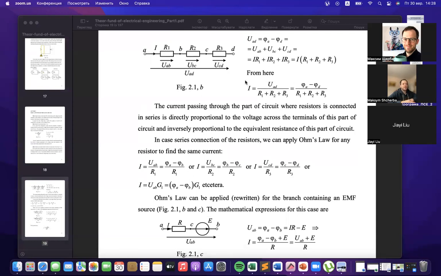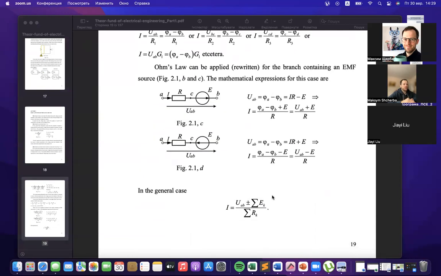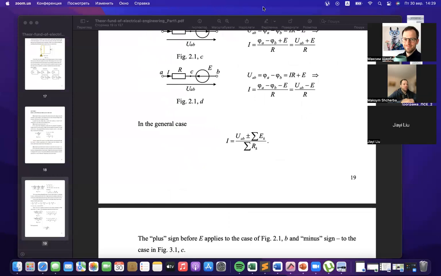It's just the same formula transformed depending on how many elements or what type of elements we have. We could write this Ohm law for a couple of resistors. We could write it for a resistor and source, just add the source with the appropriate sign depending on the direction. It's not so important because all this transformation is just one general formula.